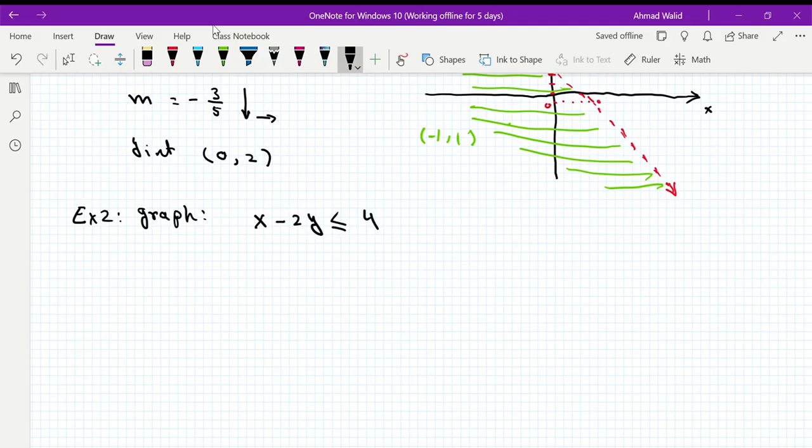My step 1, solve for y. Subtract x from both sides. Then -2y less than or equal to -x plus 4. Correct? Now divide by -2.